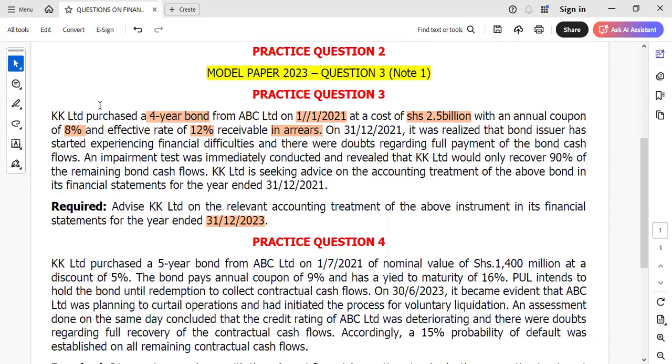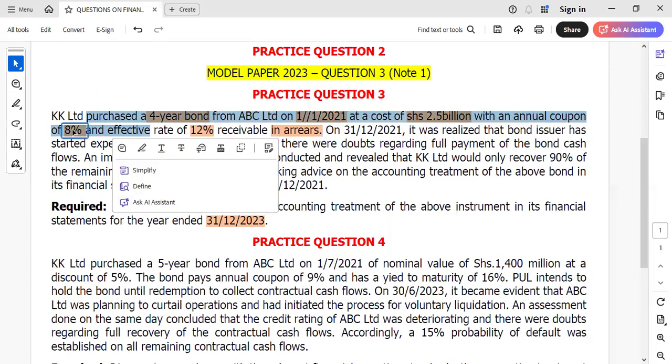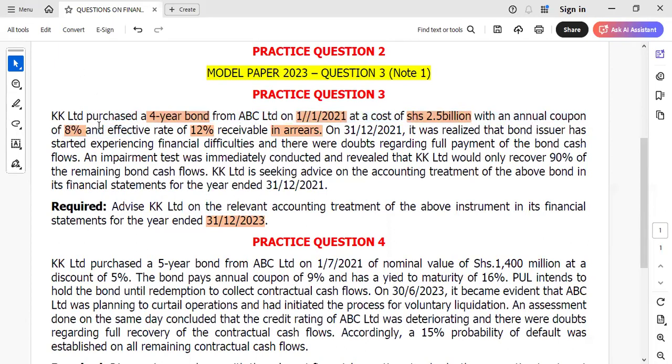The holder is like the lender, the one who purchases the bond. That one will recognize the financial asset. The one who gives the bond receives money, and that money is not theirs. So in the books of the person who has issued the bond, you must recognize the financial liability. It's something you must know.